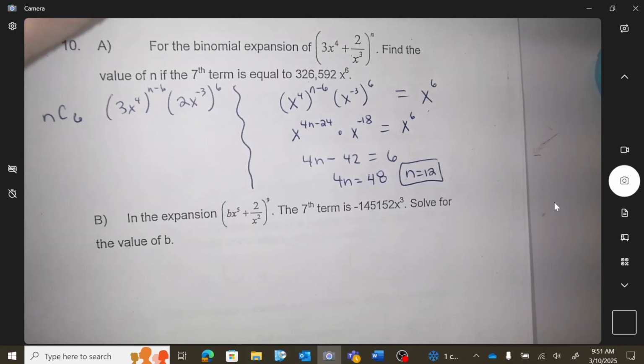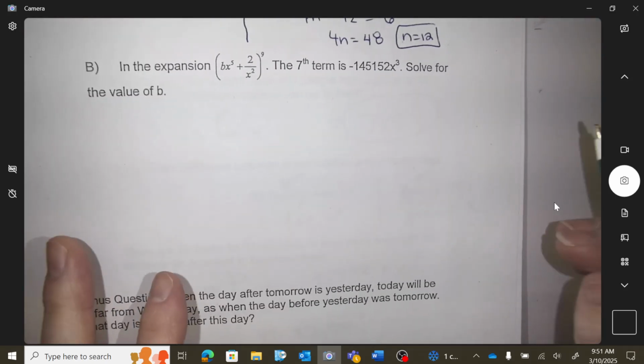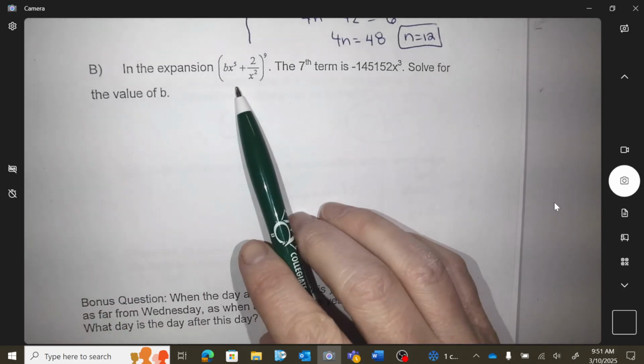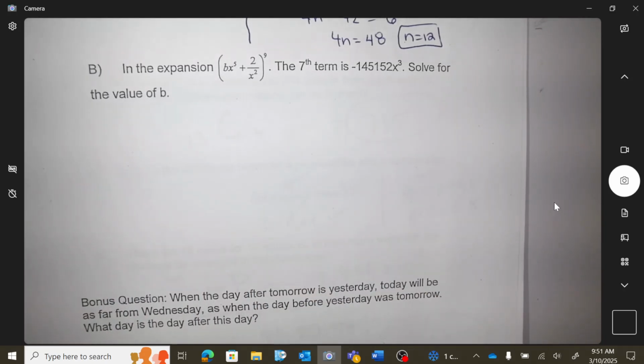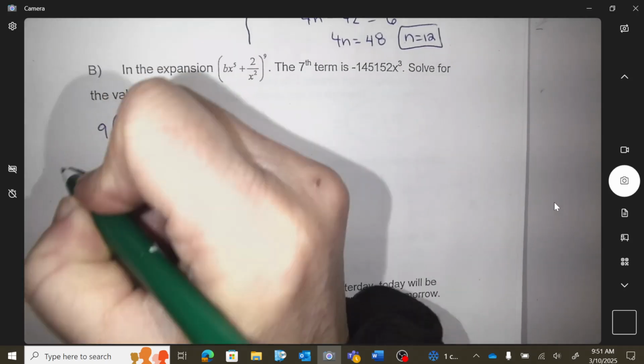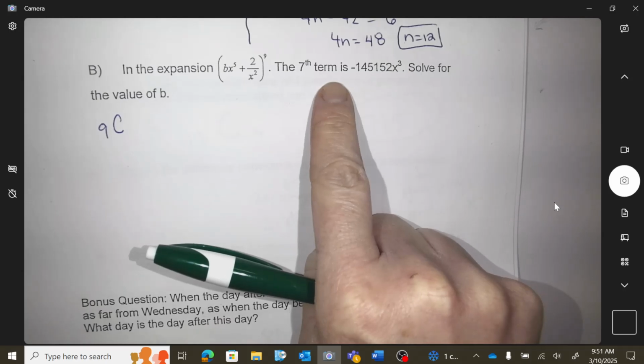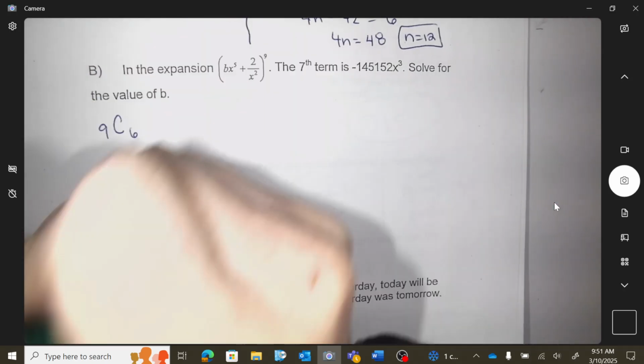And the last one of the day. All right, so I'm going to try with the whole formula to see if we have enough of the info. So we have a 9 choose, because that's the 9 up there. Oh, the 7th term, so we also have choose number 6.